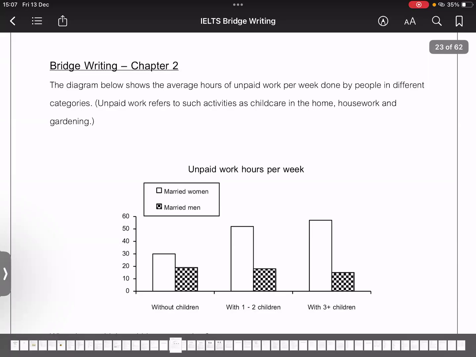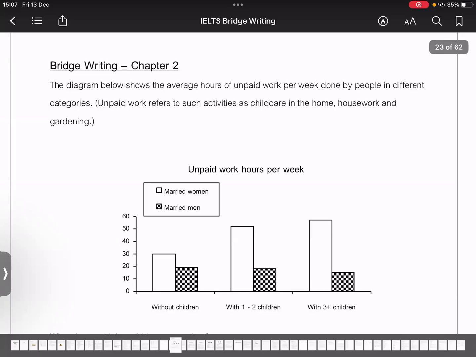Sorry, since they don't have any children, it would be housework, gardening, cleaning up the house. Married men, they spend about 20 hours weekly. Okay, if you don't have children, it's only 20 hours weekly on housework.